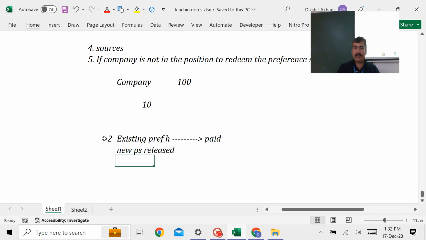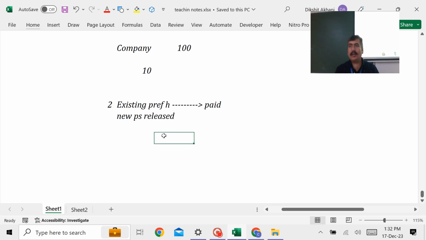So generally you see, understand, this is what the journal entry will be passed according to accounting principles. Suppose in the balance sheet you have old preference shares, आपके पास old preference shares यहाँ पे, suppose 100 crore rupees. Who is your like creditor?